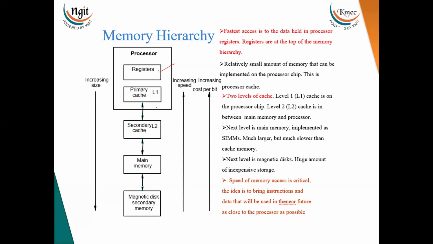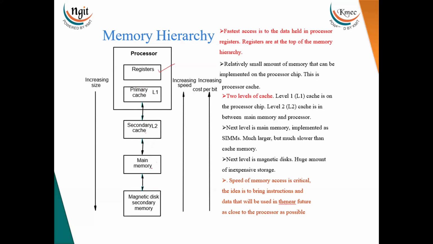Normally two levels of caches are used, but in a few systems they use two caches which are both inside the processor chip. Generally, one is on the chip and another is outside the chip, between the processor and main memory.